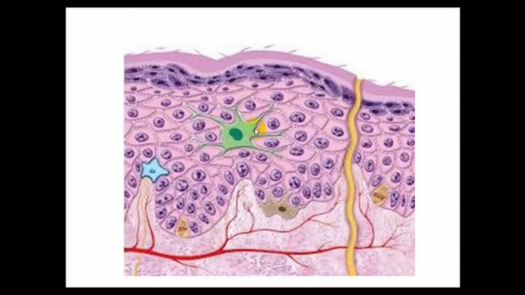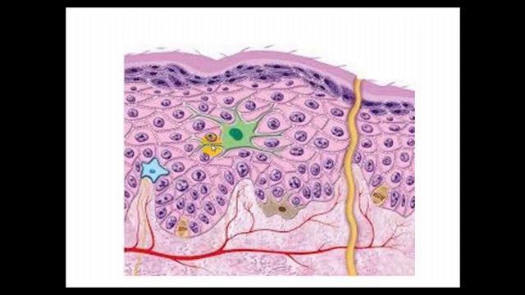After that, there is continuous differentiation until they reach a melanocyte. These melanocytes form processes, and these processes are called dendrites.